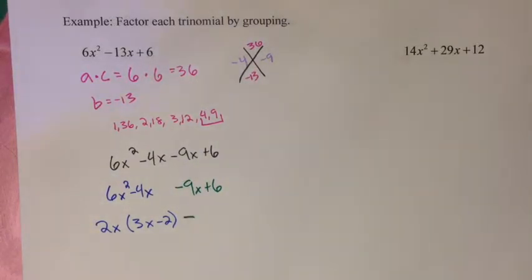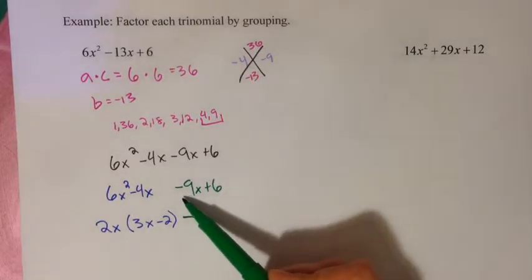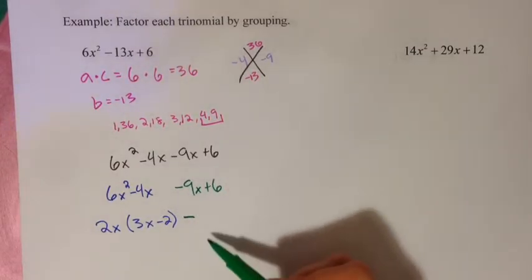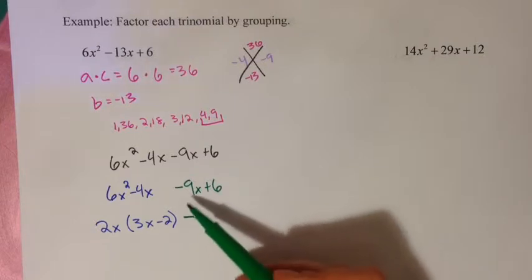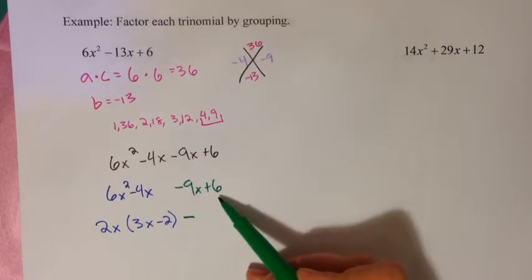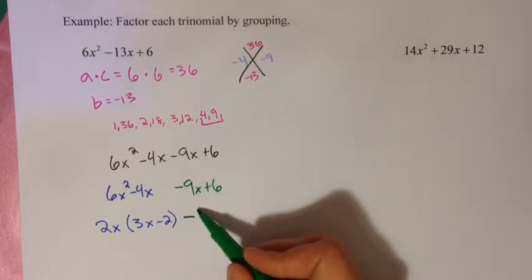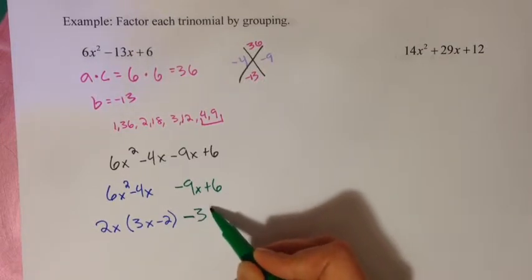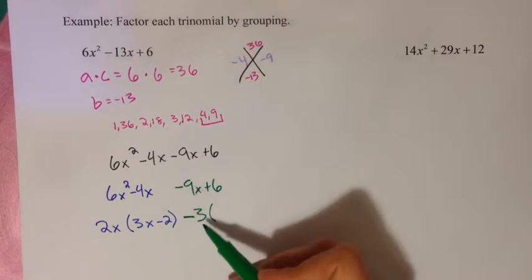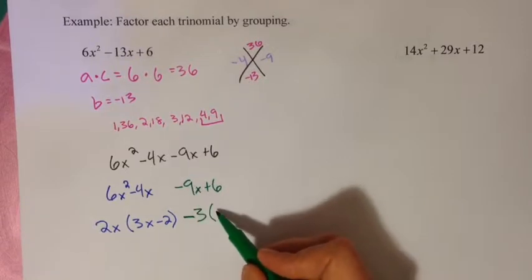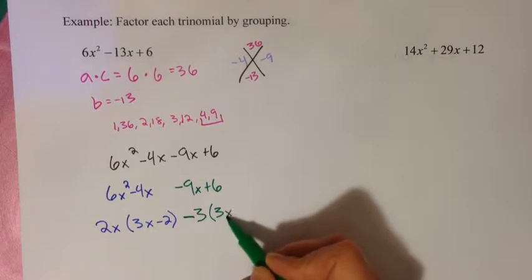Now I go ahead and look at my second terms, negative 9x plus 6. Here I'd like to give you a tip about factoring by grouping and negative signs. If you have a negative on the first term in your group, always factor out a negative if you can. So here I have negative 9x plus 6. The 9 and the 6 certainly have a 3 in common, so I'm going to factor out a negative 3. Negative 9, factoring out a negative 3, leaves me with a positive 3x.